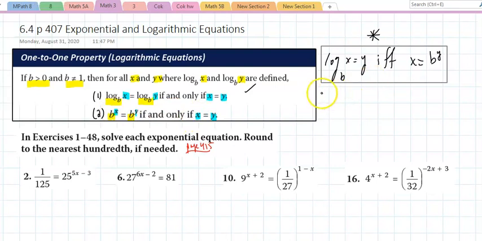If you say log base b of x equals log base b of y, if I wanted to solve that, wouldn't you make this a power? Those under each other, and those under each other, and there it is.